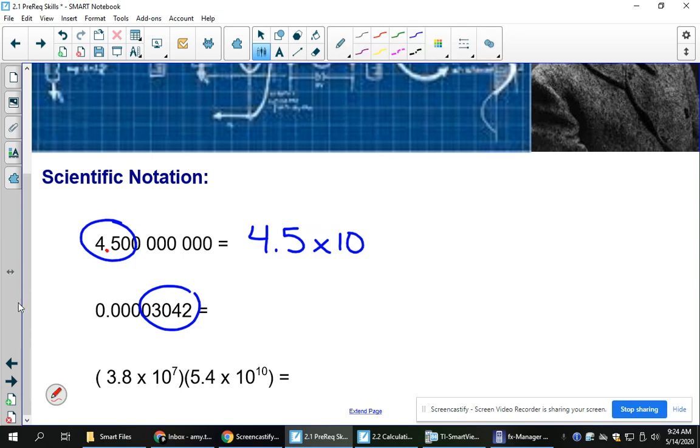Well, I put it right here to make a number between 1 and 10, but it actually lives way down here. So I need to count how many places the decimal needs to move. 1, 2, 3, 4, 5, 6, 7, 8, 9. So I put an exponent on the 10 of 9. The way that we say this is 4.5 times 10 to the 9.